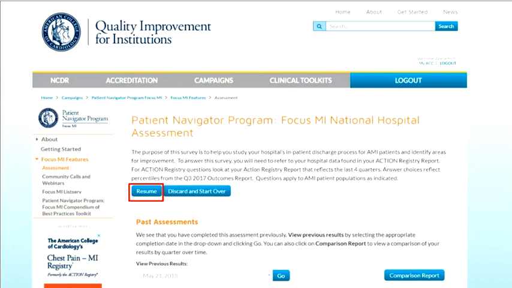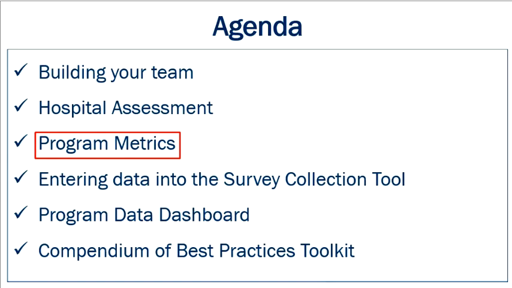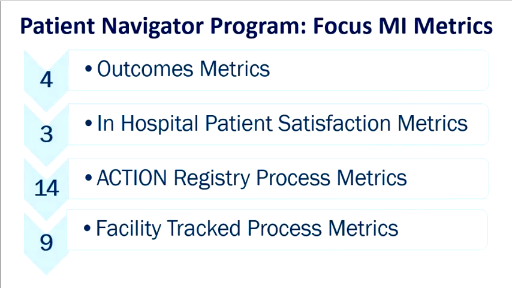So now that we've gone through the assessment, I want to briefly discuss the program metrics. There are 4 outcome metrics, which include readmission rates and mortality rates.